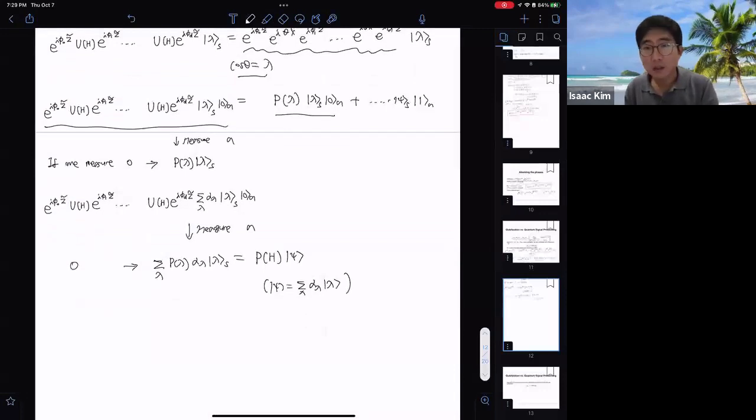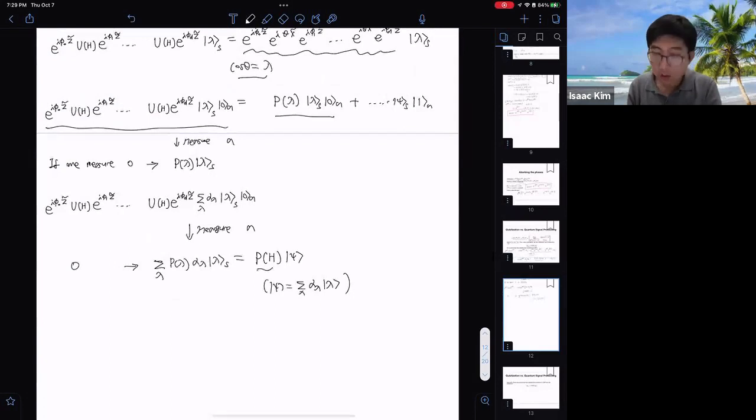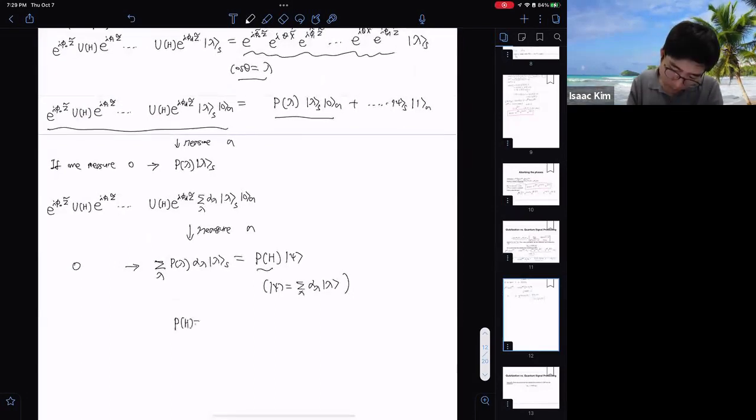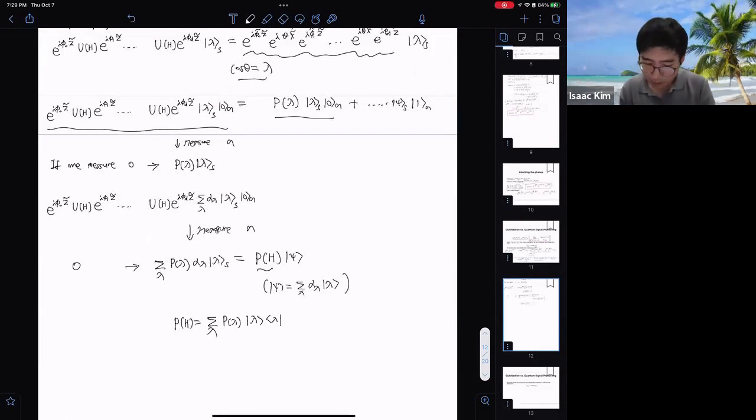It's the same idea as I told you before. P of h is simply P of lambda, this is just a definition, and clearly you just plug that in and you get the identity.